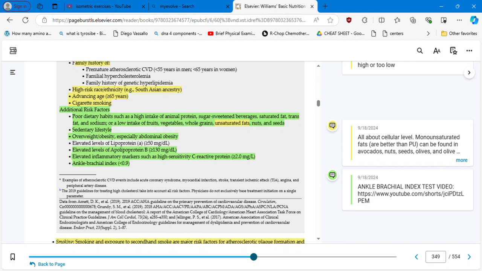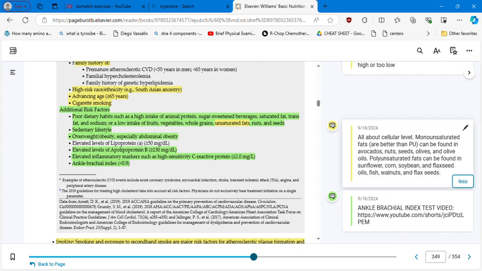And then the difference when we are talking about unsaturated fats, we also need to specify the difference between monounsaturated fats and polyunsaturated, right? Monounsaturated are better than poly and can be found in avocados. You can use avocado to make a spread on your bread instead of using butter, which is saturated trans fat.